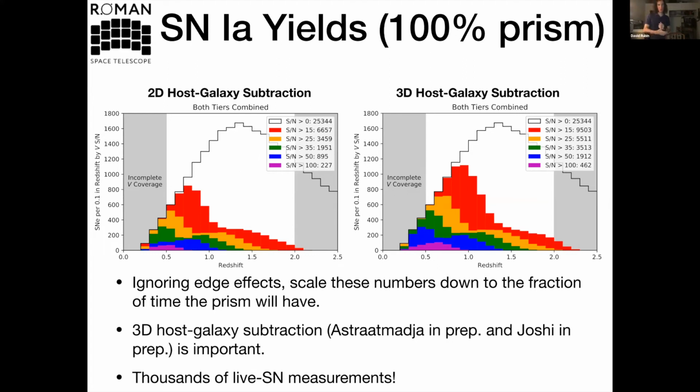So you can see that boosts supernova yield significantly at fixed signal to noise, something like a factor of 50% to a factor of 2, depending on your cutoff. But generally speaking, you're getting thousands of live supernova measurements, and things are looking very good, even well above redshift 1.